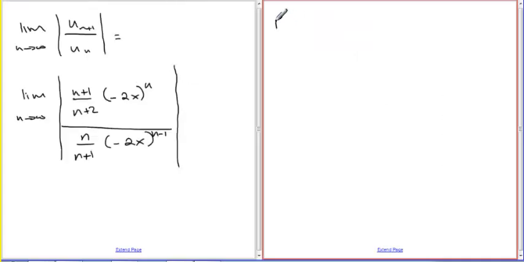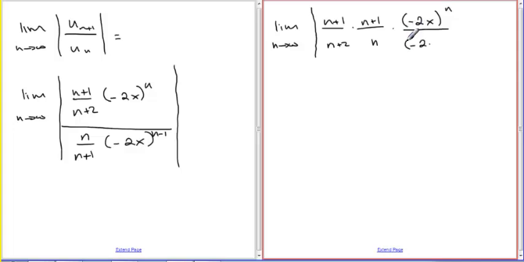So let us set that up as we normally do. Ratios here: we're going to have n plus 1 over n plus 2, and then we'll take the reciprocal, so n plus 1 over n. And here we have (-2x)^n divided by (-2x)^(n-1).